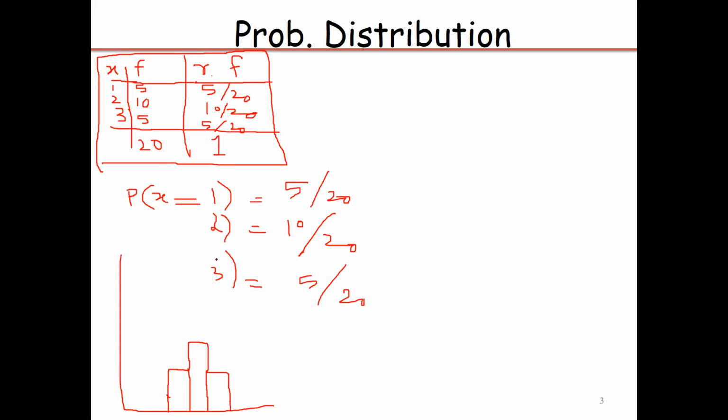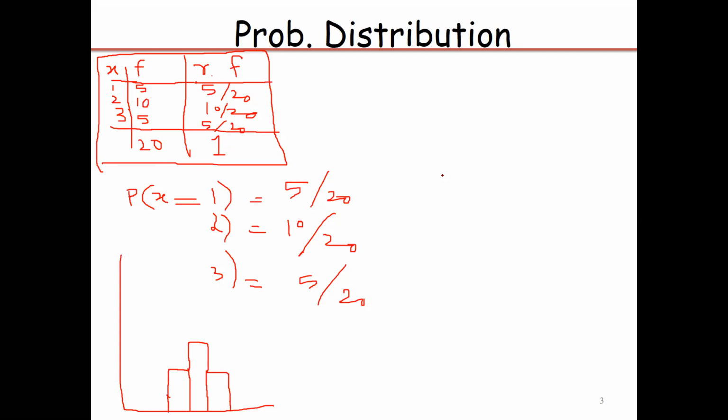So in simple terms, a probability distribution is a table which comprises all values of the variable along with their probabilities, such that the total of all probabilities is always equal to 1 and none of the probabilities is negative. That is the very basic definition of a probability distribution.